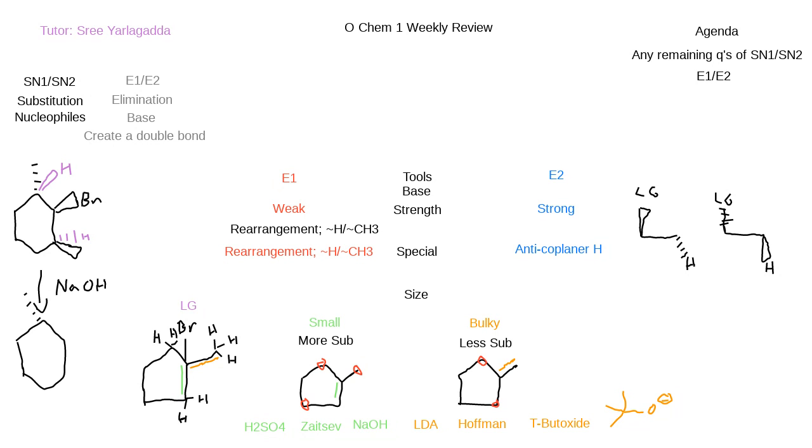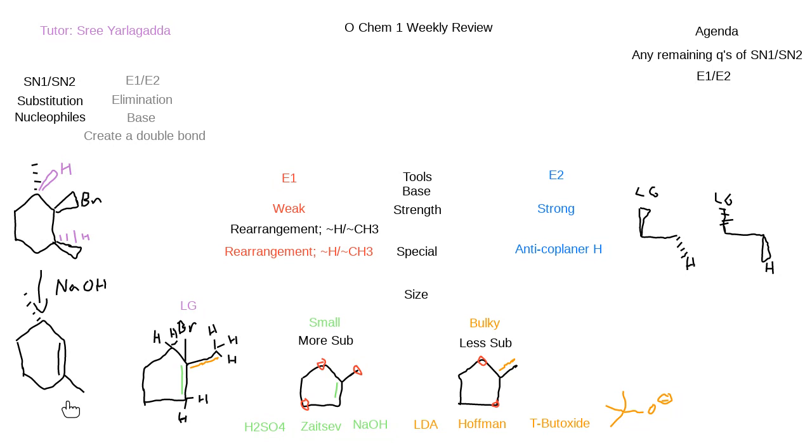Also, another thing is when you create a double bond, you no longer have stereochemistry on the carbons attached to that double bond. That's why I kept this methyl group as a dash, because I don't have a double bond touching it. But this wedge methyl group, because it is now touching my double-bonded carbon, automatically turns into a line because all of these carbons are now on the plane.